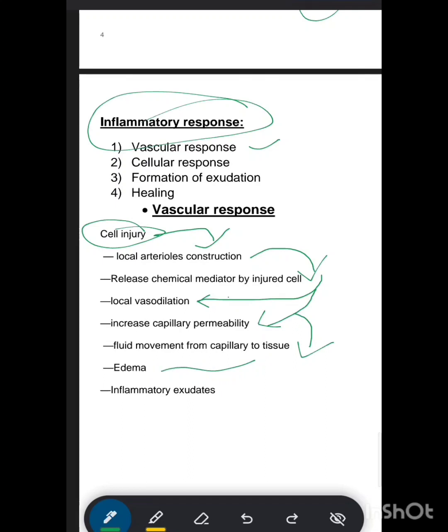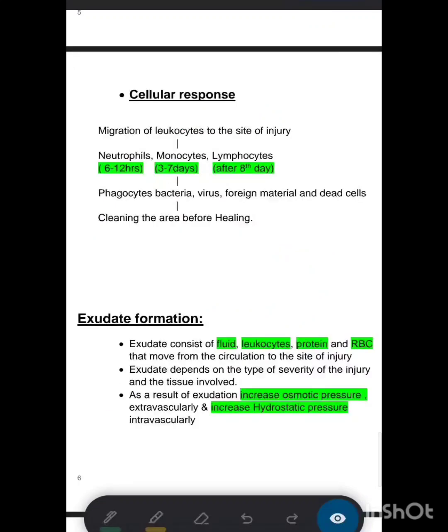After that, edema occurs, and inflammatory exudates form.